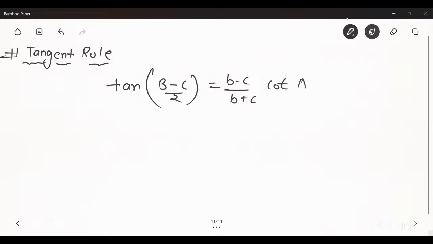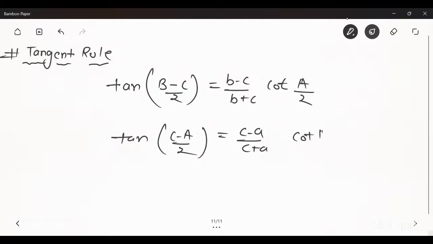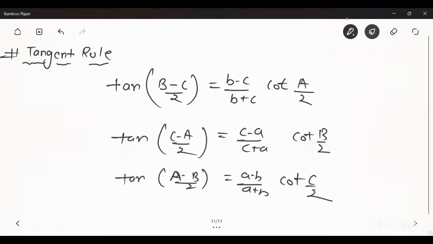Next formula: the value of tan (c minus a) by 2 will be (c minus a) upon (c plus a) into cot B by 2. The value of tan (a minus b) by 2 will become (a minus b) upon (a plus b) into cot C by 2. So those are your tangent rules.